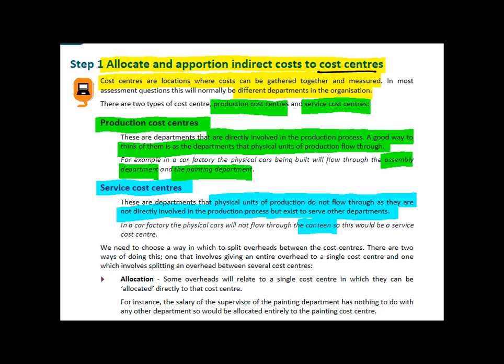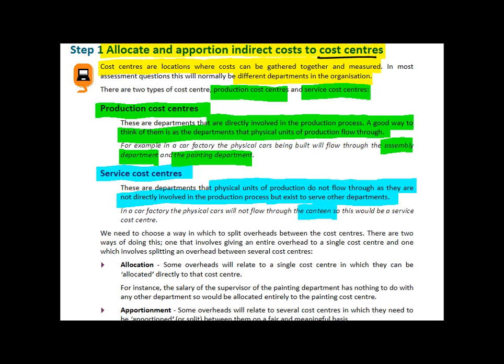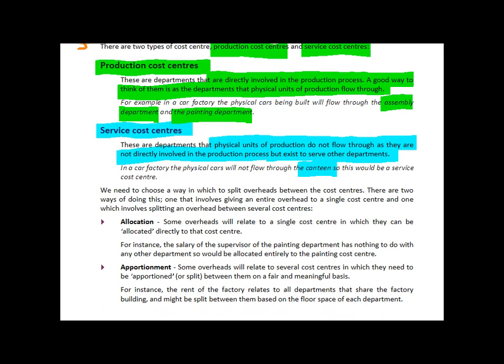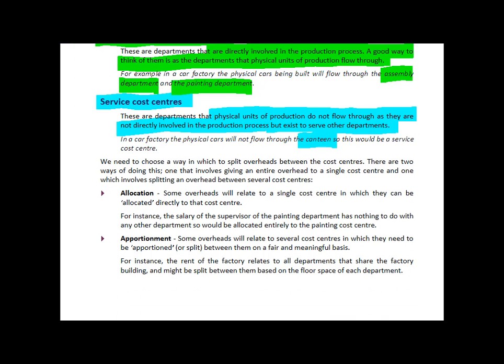Now, what we need to do initially is take our indirect costs and break them down between these cost centres. And there's actually two ways we can go about doing that, two key terms you need to be familiar with: allocation of overheads and apportionment of overheads. Now, allocation is where overheads relate to a single cost centre, and so we can directly allocate the overhead to that cost centre.